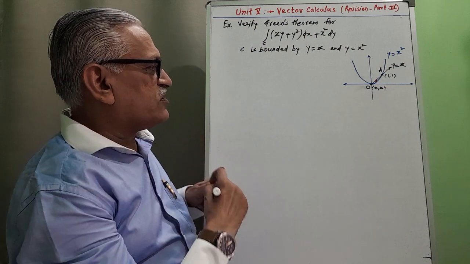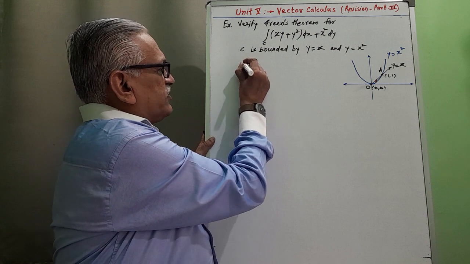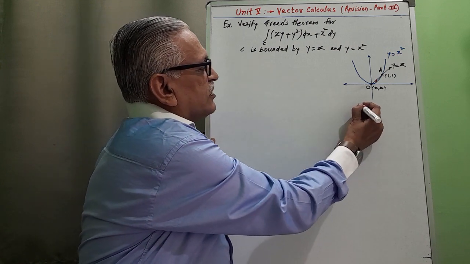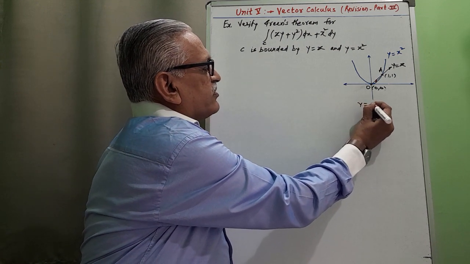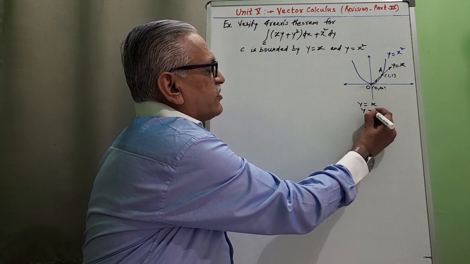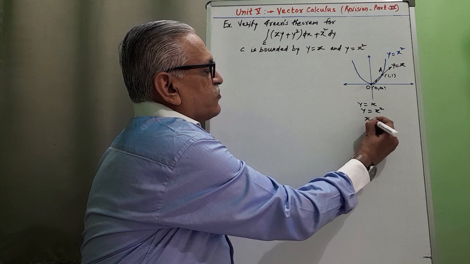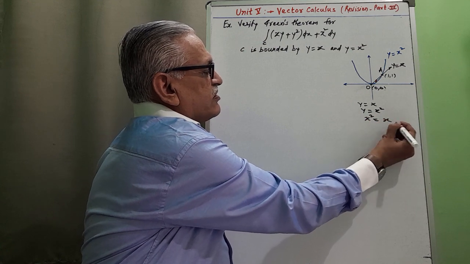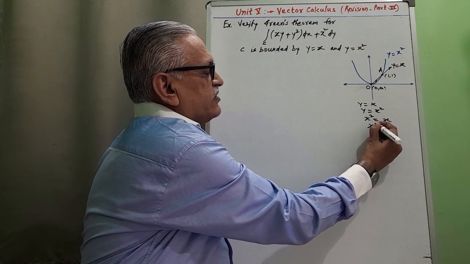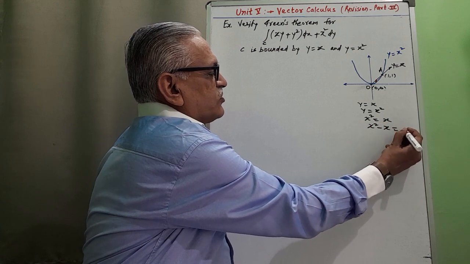The points of intersection of the two curves y = x and y = x²: we get x² = x, meaning x² - x = 0.